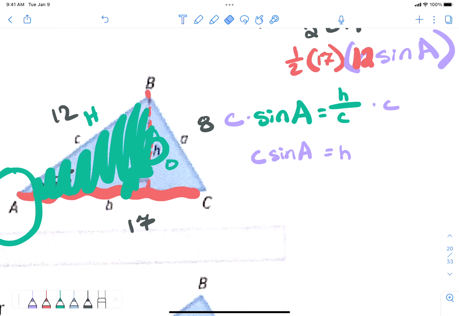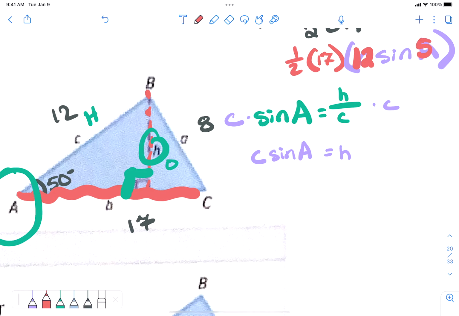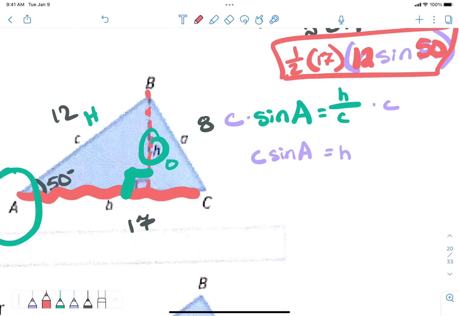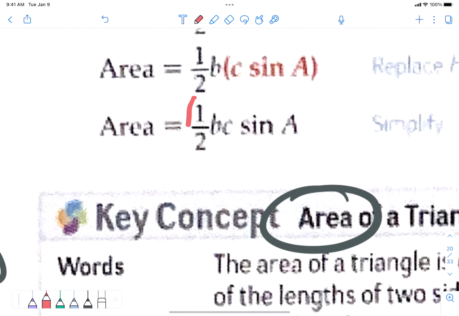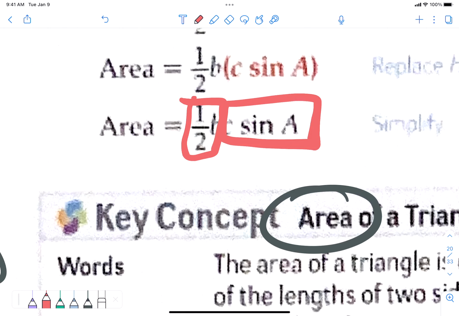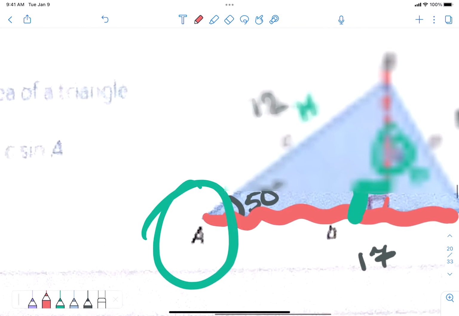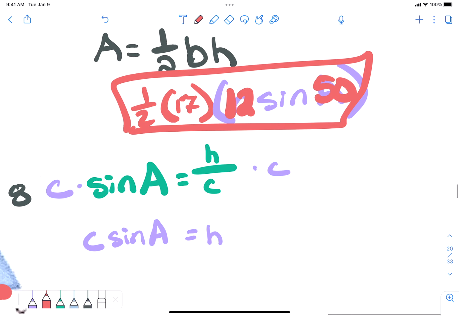Do you know what the angle I said was? I don't remember. 50? 50. So we plug 50 in, and then all we do is compute that in my calculator, and that will give me the area. When they give you the area formula, this is 1/2 the base, but the height is represented as C times sine of A. Does that make sense? Then we can use that to find the area of this triangle.